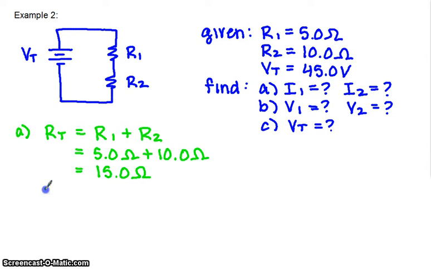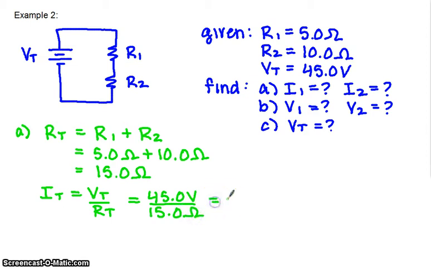So V equals IR, therefore I equals V over R, and if you're trying to find the total current, which we are, you need to use the total voltage and the total resistance. So the total voltage was 45 volts, and we just found that total resistance as 15 ohms, so we're left with 3 amps for our total current.